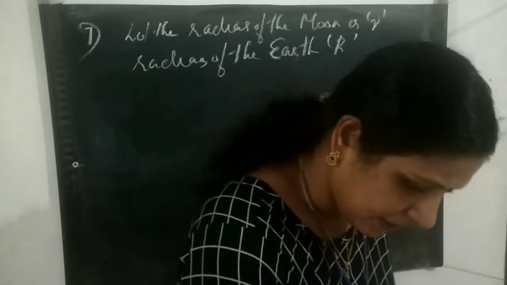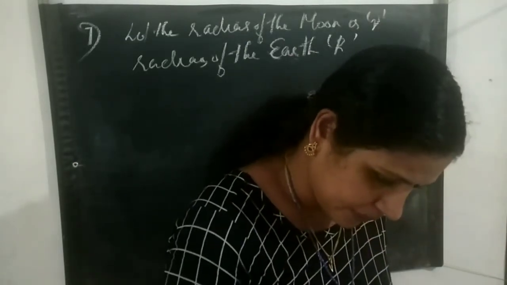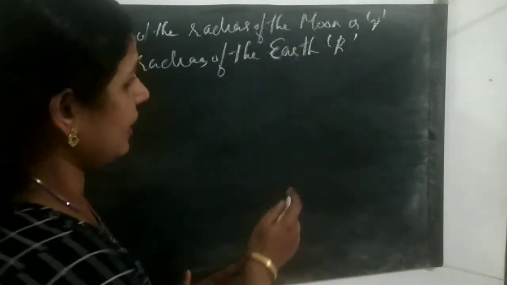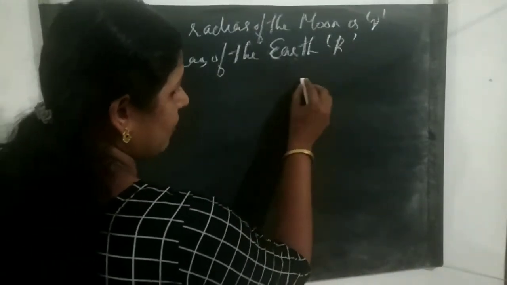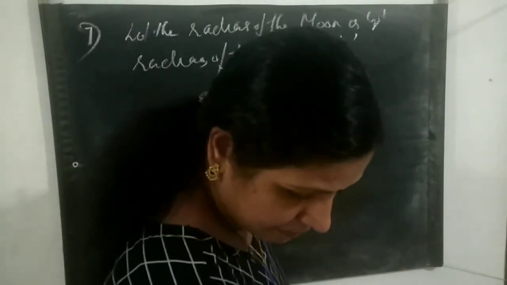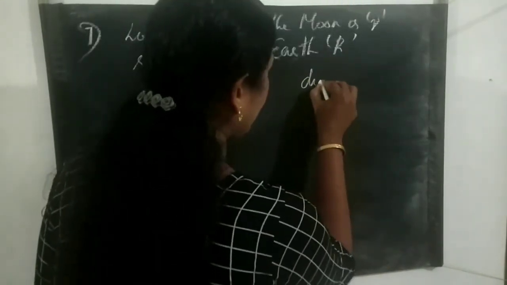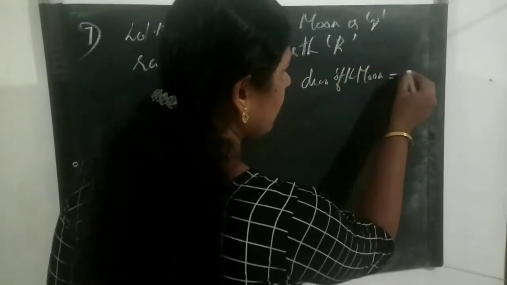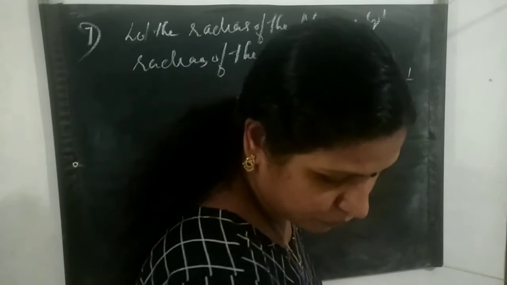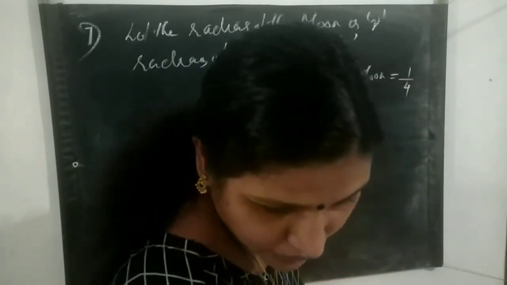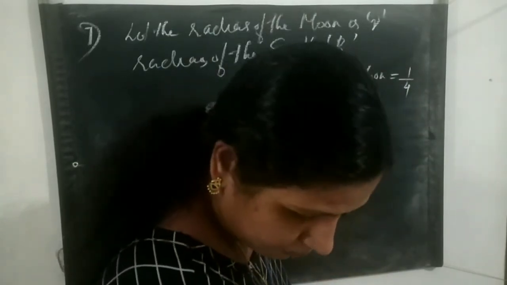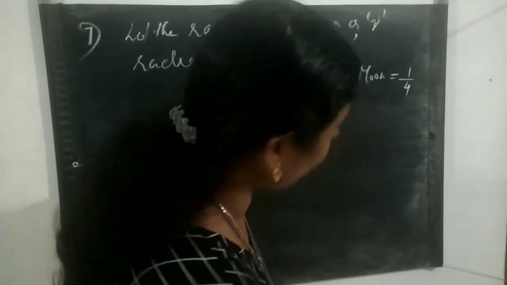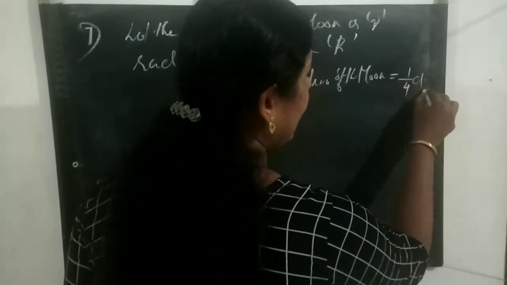And see, here it is mentioned that the diameter of the moon is approximately 1/4 of the diameter of the earth.